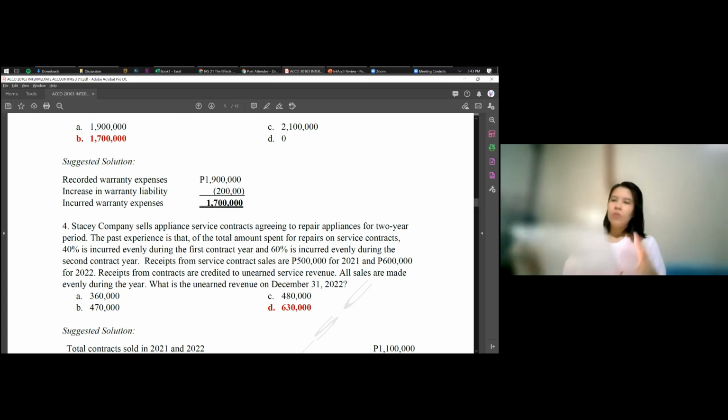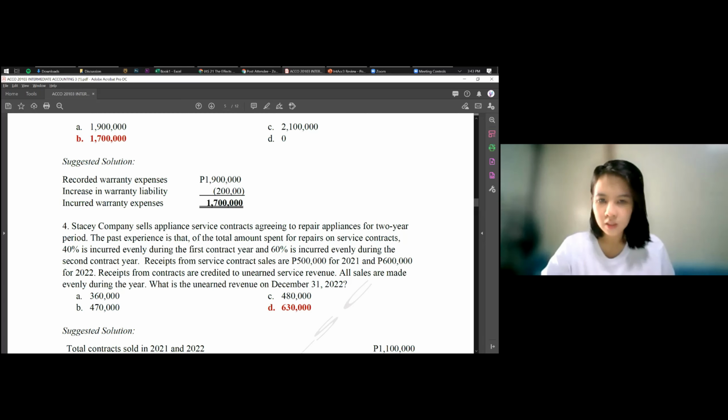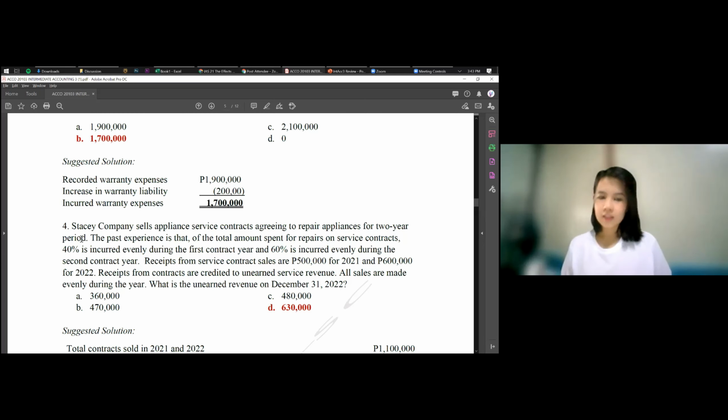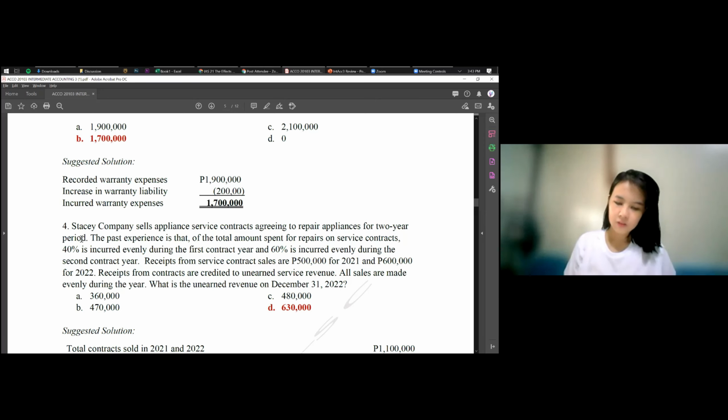So, una, for 2021, so, say 500,000 yun na yung contract sales niya. Multiply natin yan by 40%, which is yung estimate for the first year. And since sales are made evenly during the year, we multiply that by 50% to get the mean or the average, di ba? So 500,000 times 40% times 50% or 1/2 is 100.